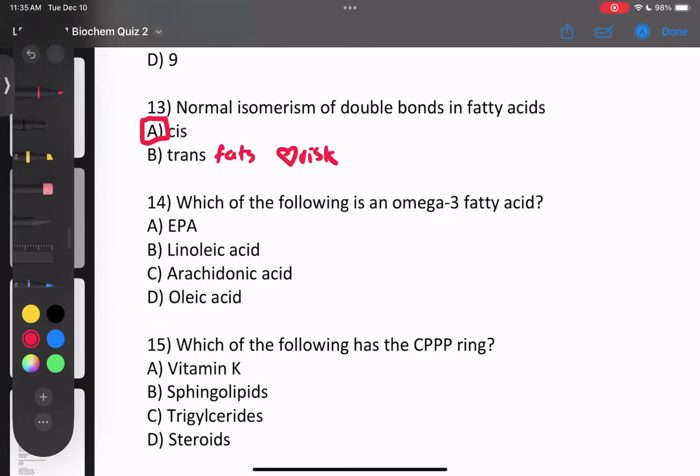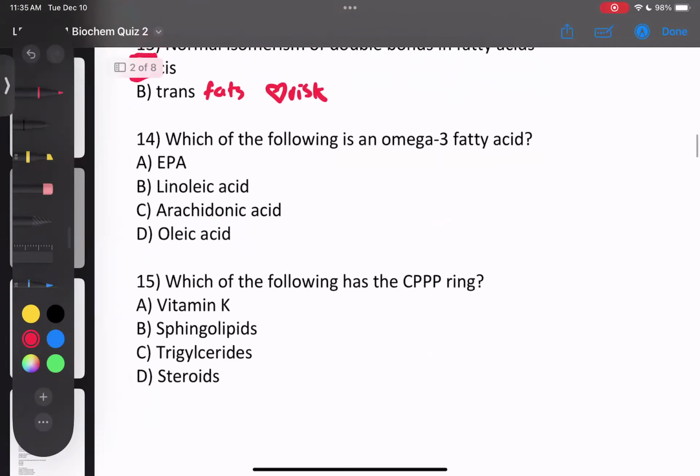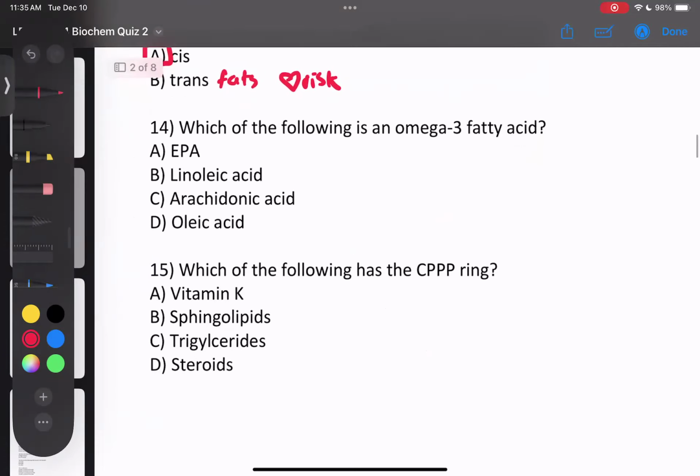Like, pag binato tong test question to, just assume that 99.9% of the time, yung double bonds of fatty acid natin ay unsaturated. So, I mean, unsaturation pala is cis. So, you know, don't think of trans as a natural. I mean, it happens, but it's too insignificant to be asked, I believe.